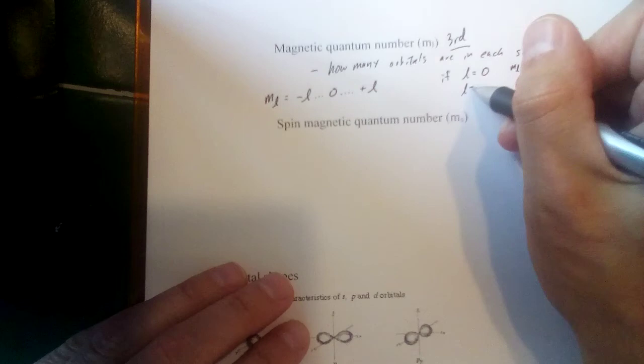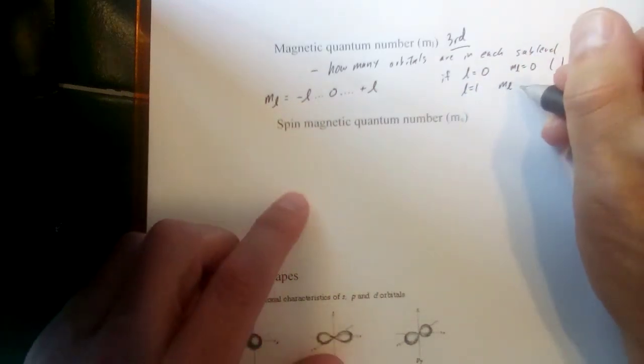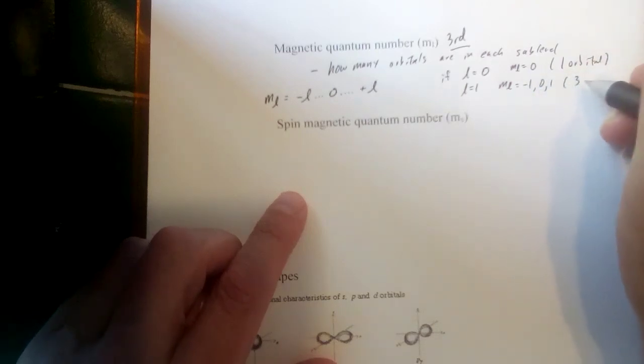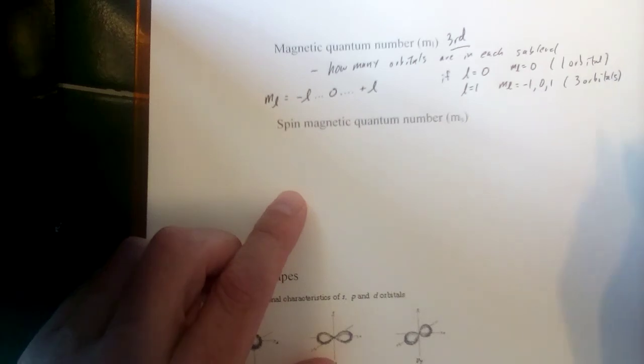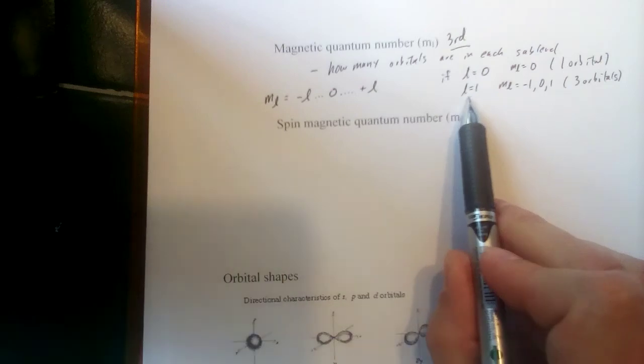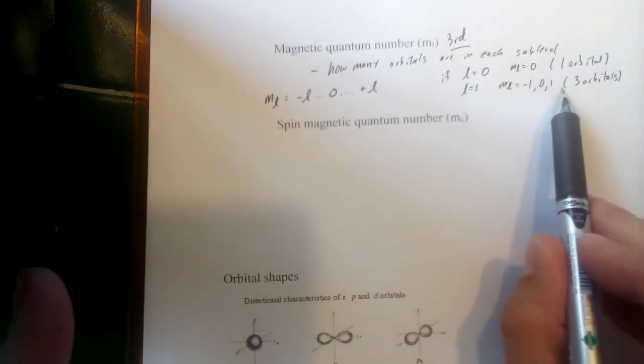Now, if L equals 1, then m sub L can be -1, 0, and +1, so 3 orbitals would be present in those sublevels. L equals 1 was a p sublevel, so every p sublevel has 3 orbitals in it.